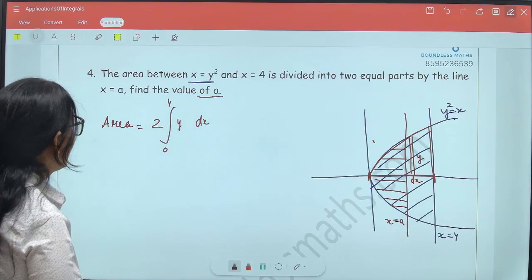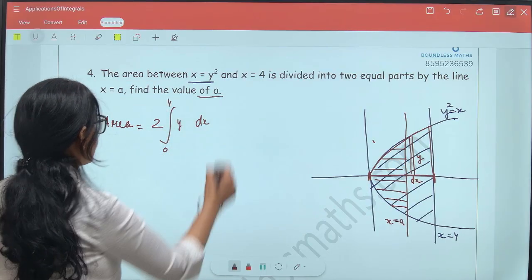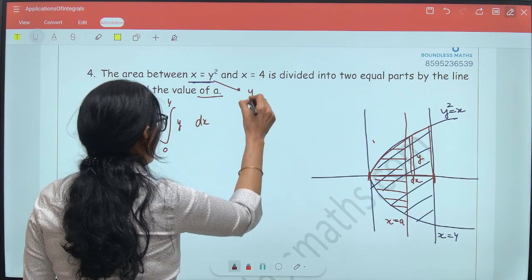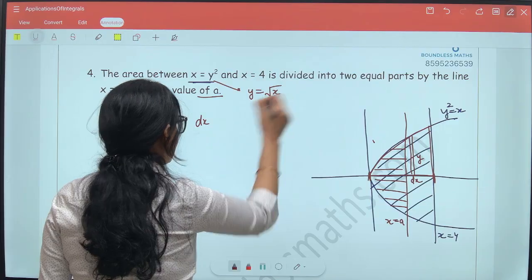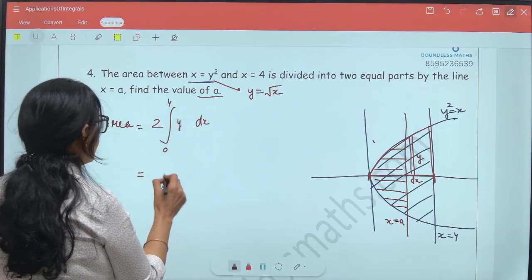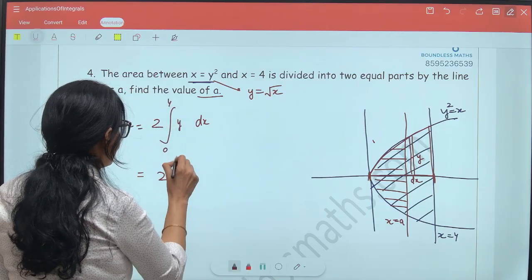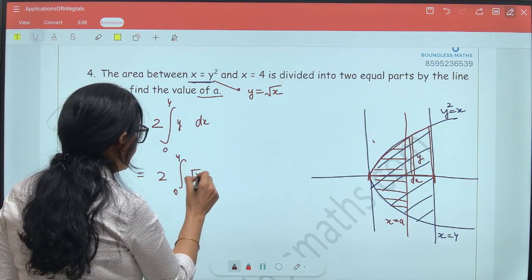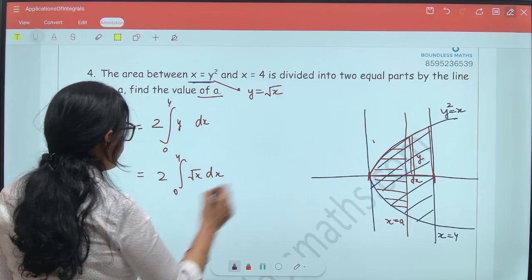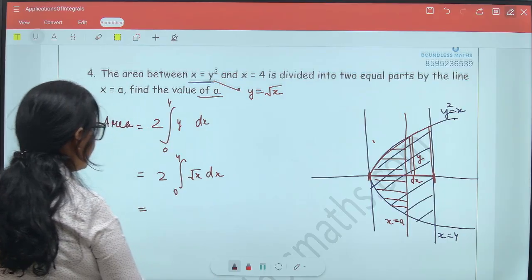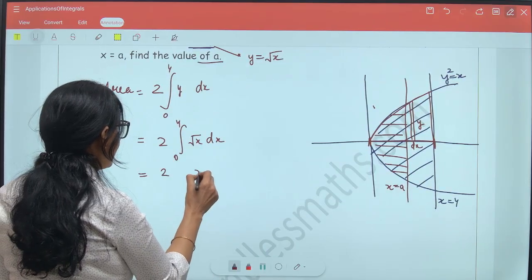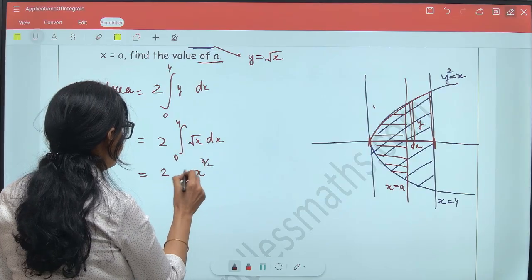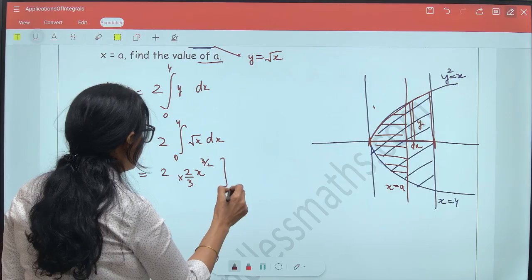Now how do we write this y in terms of x? Because this is the equation, y equals square root x. So that means 2 integral of 0 to 4 square root x dx. What is the integral of square root x? It is x to the power 3 by 2, and we have 2 by 3 here, bounded by 0 to 4.